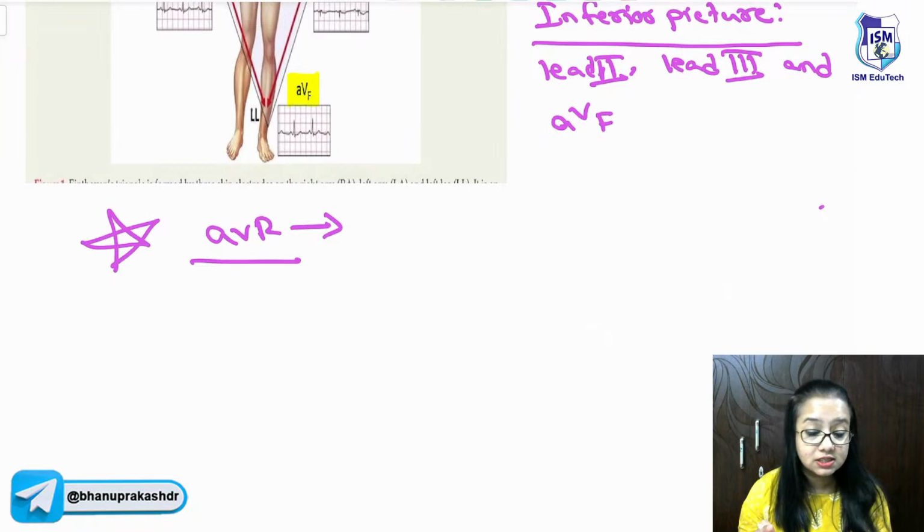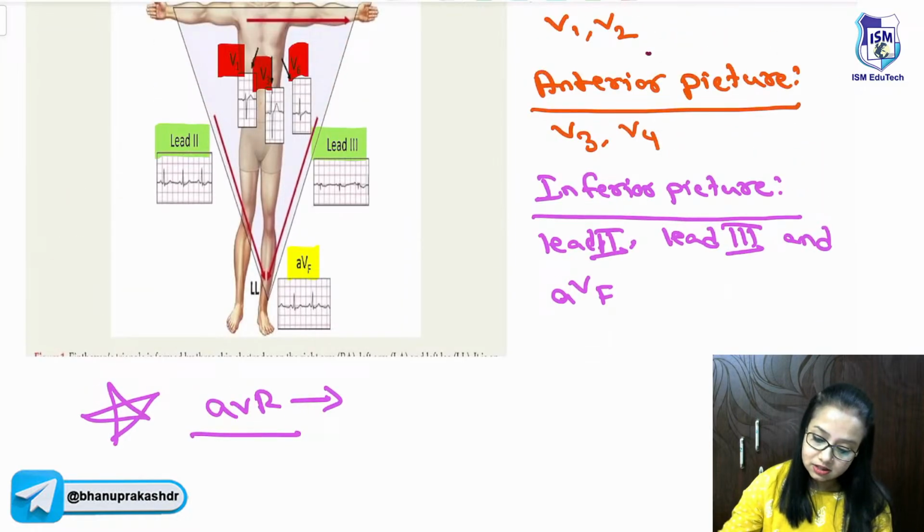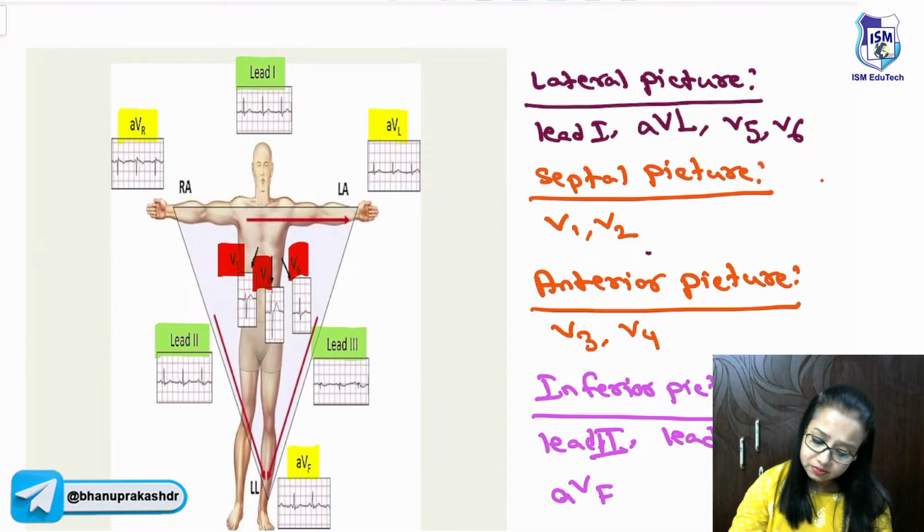Yes, in certain conditions, especially to understand the T wave, we need that. We'll come to that later. But other than that, this AVR, the augmented unipolar limb lead R on the right hand, kind of takes a picture from the top of the hollow area of the atrium.